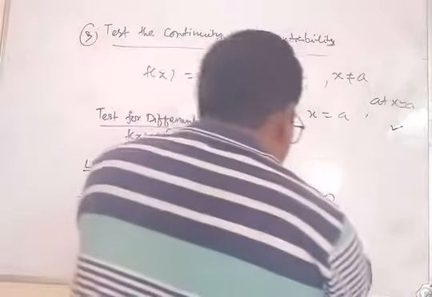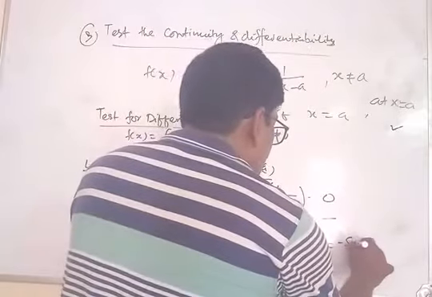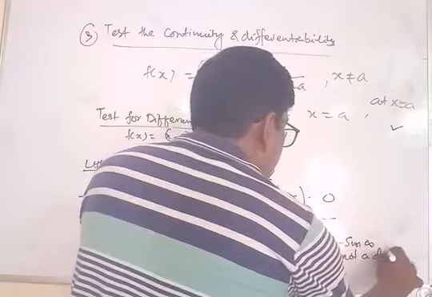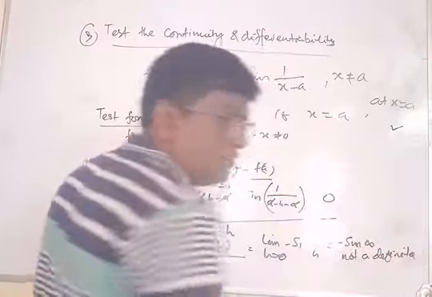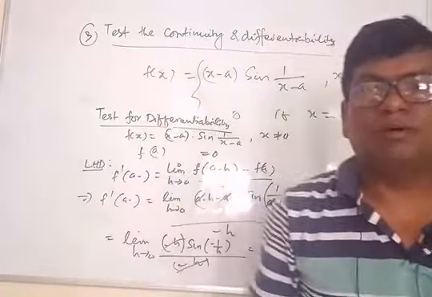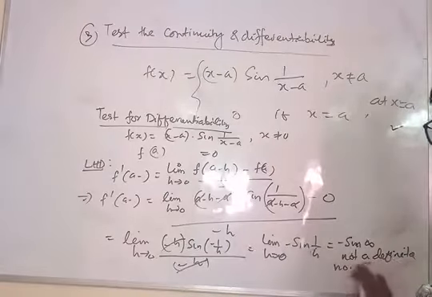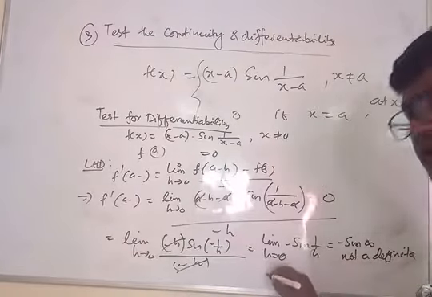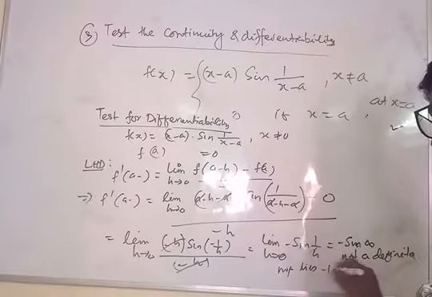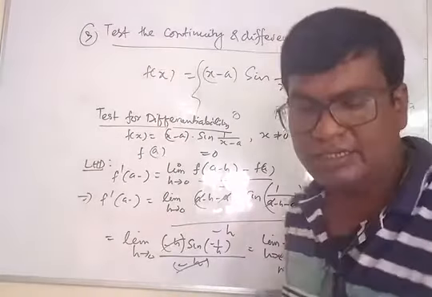This does not exist, not a definite number. That is a number that lies between minus 1 and plus 1, not fixed. So the left hand limit doesn't exist.